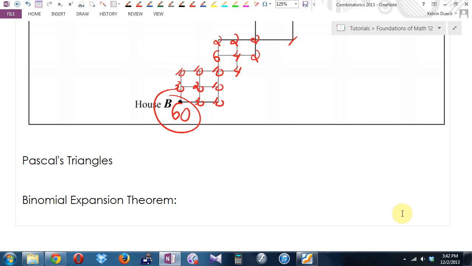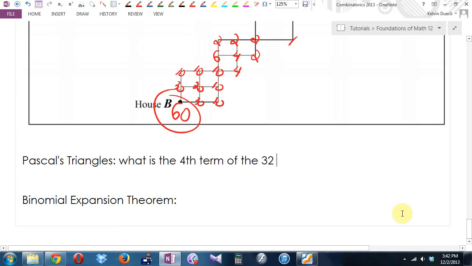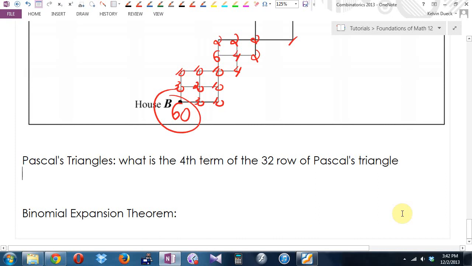Multiple choice. What is the fourth term of the 32nd row of Pascal's triangle?